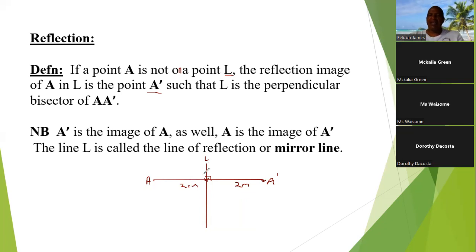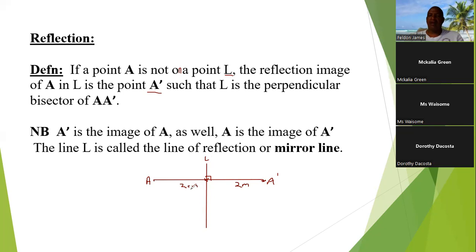Now, when a line is perpendicular to another line, it is at a right angle to that line. When a line is a bisector of another line, it cuts the other line into equal parts. So as I was saying, the line from A to its image, which is A dash, that straight line, would be cut into 2 equal parts by the perpendicular line L, right?